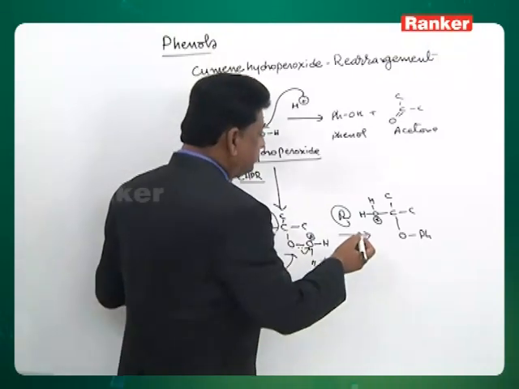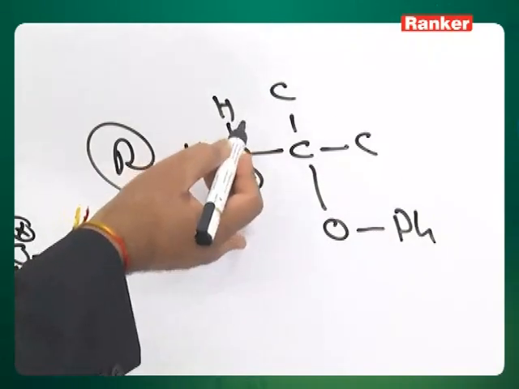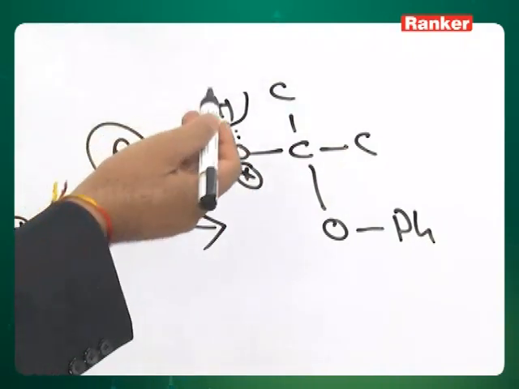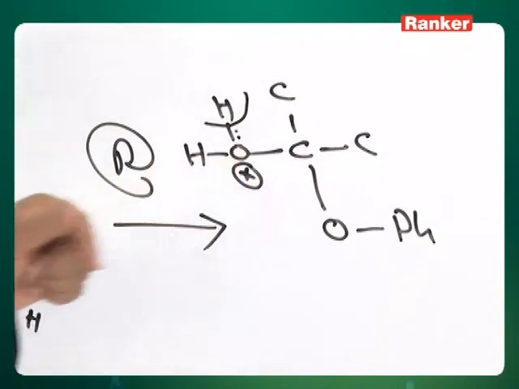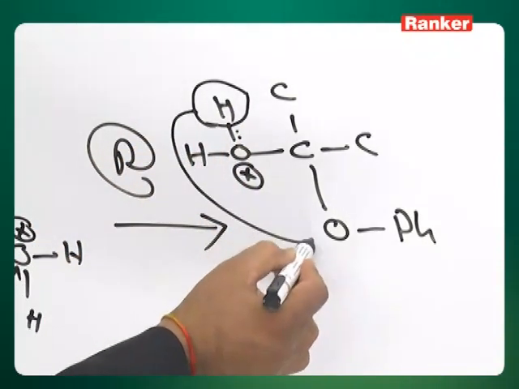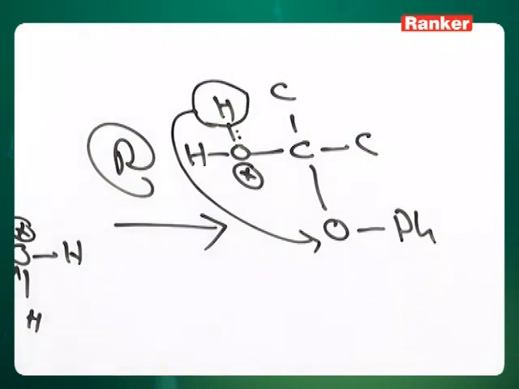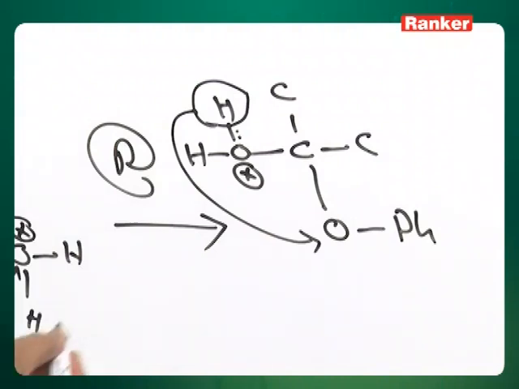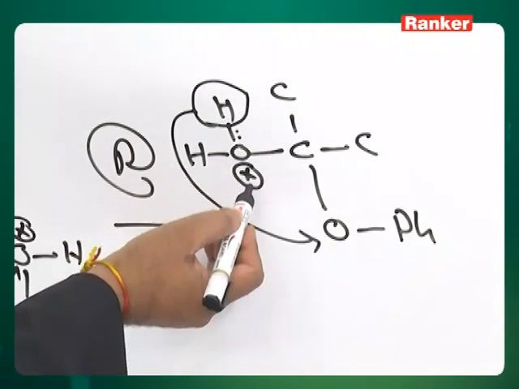And then from here one H plus will be detached, and the 2 electrons will be taken by the oxygen, which becomes neutral. However, this H plus will transfer to the oxygen. What is the benefit you get? Here the carbocation is attached to the saturated carbon, the oxygen plus being an oxonium ion.